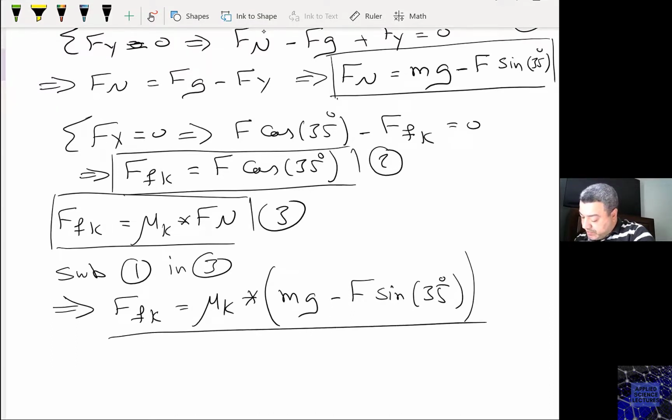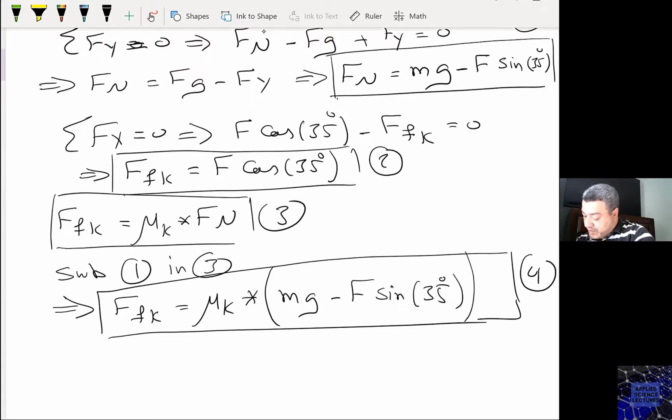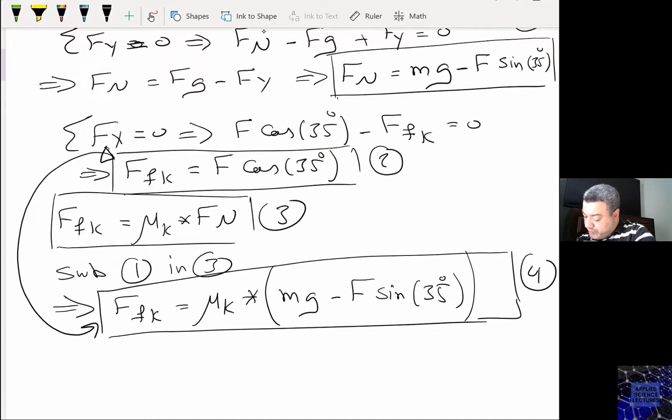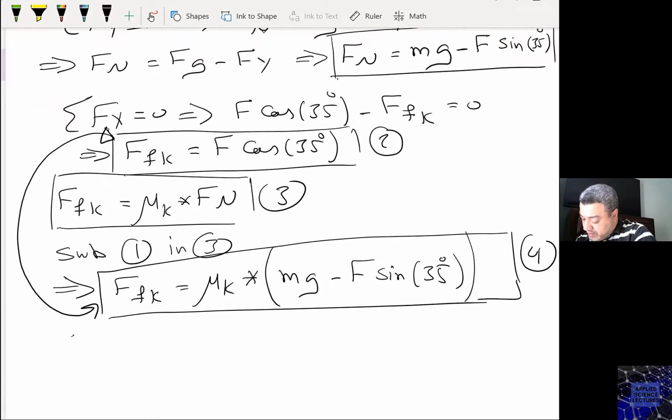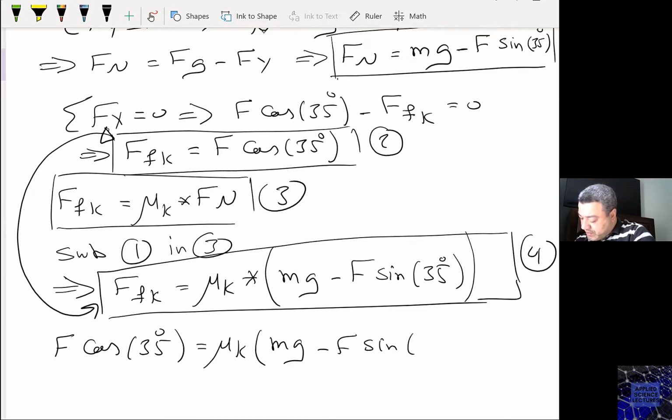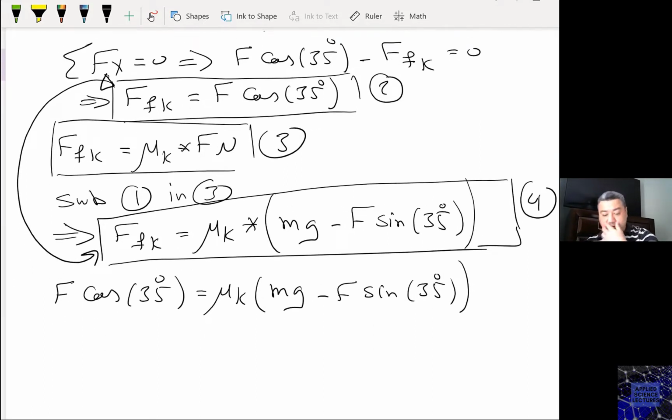Now, if I call this one 4, and then equate 2 to 4, what do I get? I get F cosine 35 degrees equals mu k times mg minus F sine 35 degrees, right?